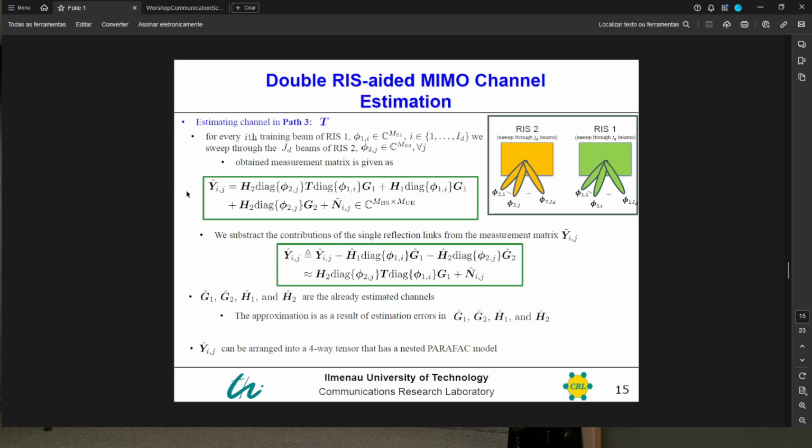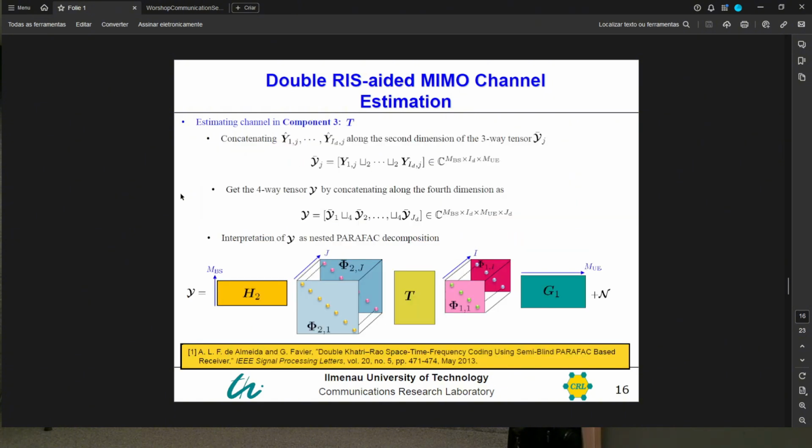Now, this Y hat measurement matrix can be arranged in a four-way tensor that has a nested PARAFAC model. Here we try to show this.